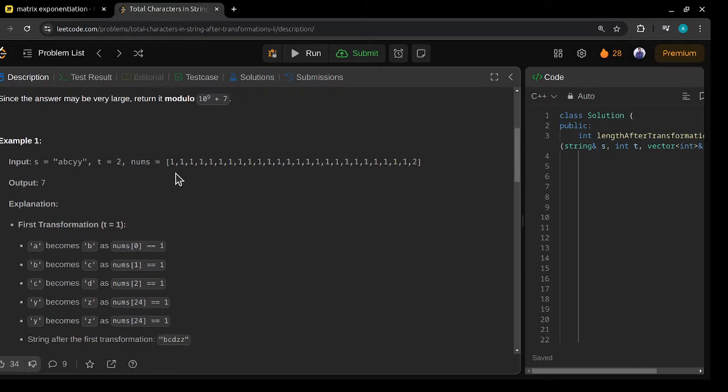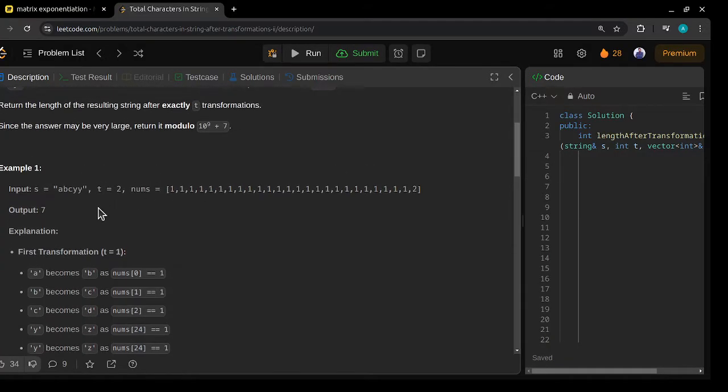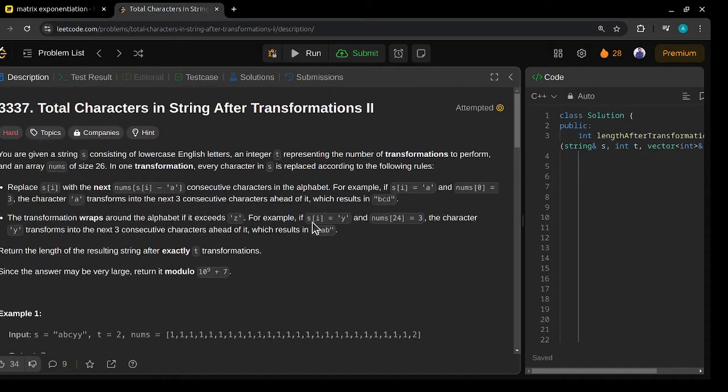Like a can be converted into the next character b, and b can be converted into c, the next character. y can be converted into the next character z, and z can be converted into a and b, the next two characters. 2 means the next two characters.